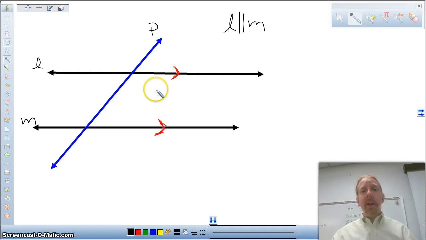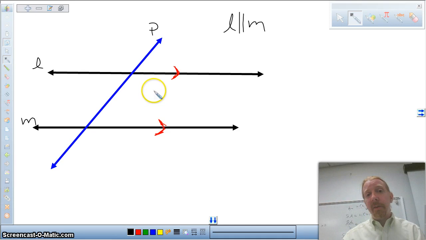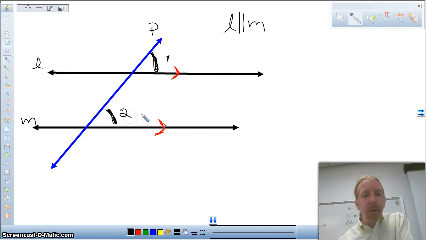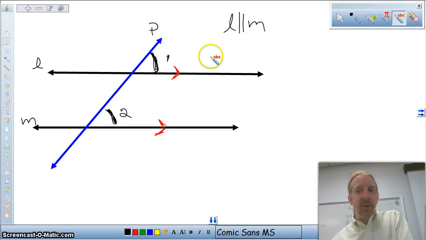Now, we're going to have a series of theorems which you've already worked on as far as discovering the primary principles. We're just going to put some names on them now. So for example, this angle right here, let's call it angle 1. And this angle right here, we'll call it angle 2, are corresponding angles. Now, as you discovered during the exploration today, corresponding angles are going to be congruent.